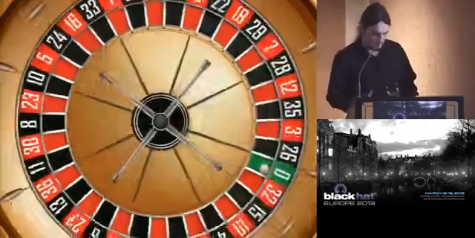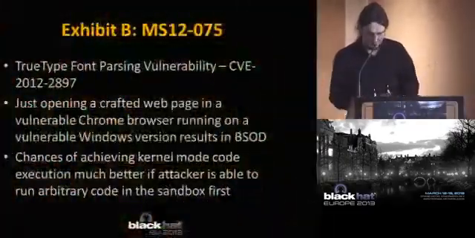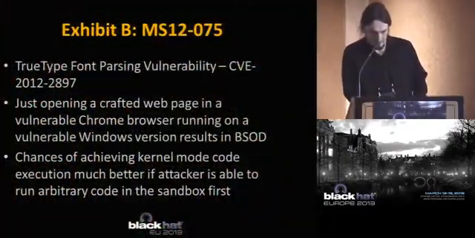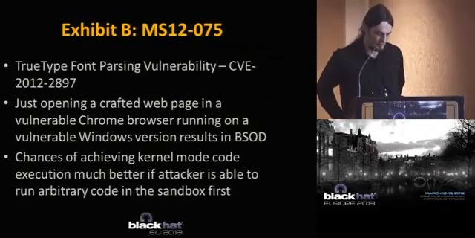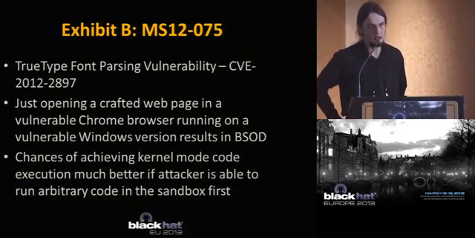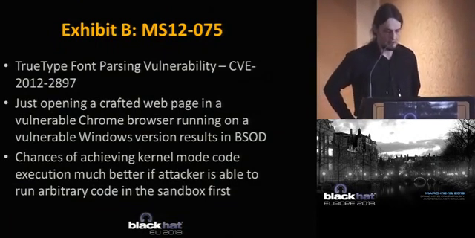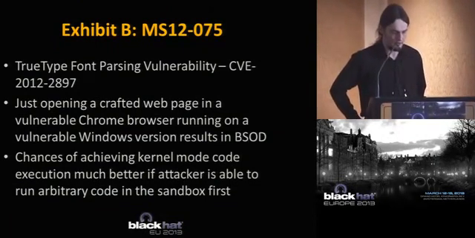So another day, another vulnerability. This time it will be a vulnerability related to TrueType font parsing, fixed in Microsoft Bulletin 1275, not that long ago, about half a year ago. This will be a little bit different from the other exploits for a couple of reasons.